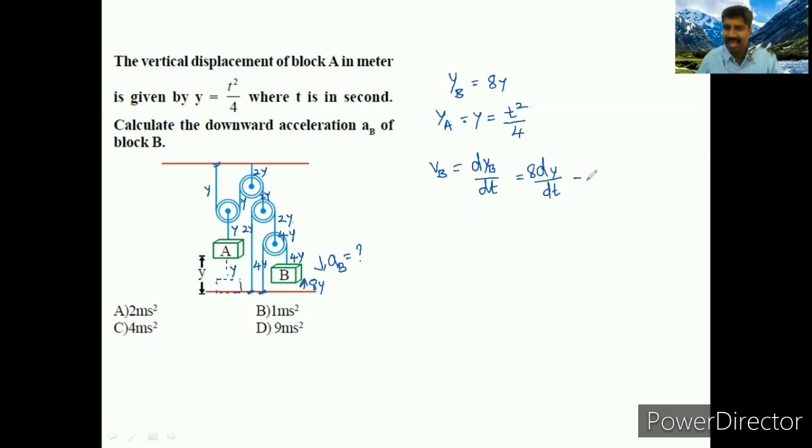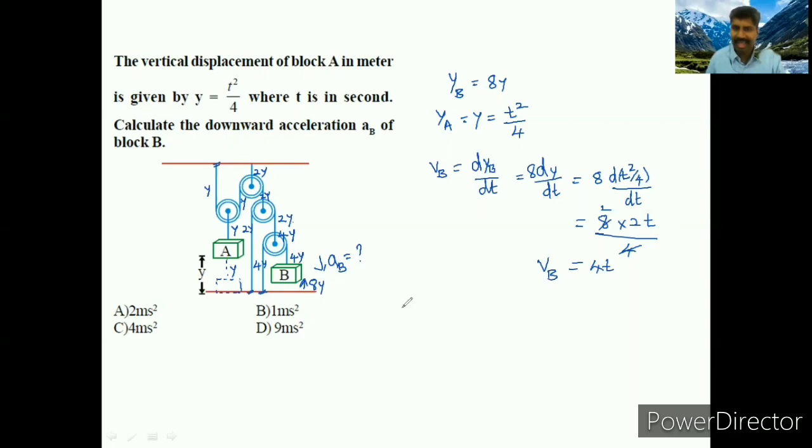What is the y value here? 8 into t square by 4, differentiated by dt. So here we get 8 into 2t by 4. So 4 means 2, we can get 4t. This is the vB value.